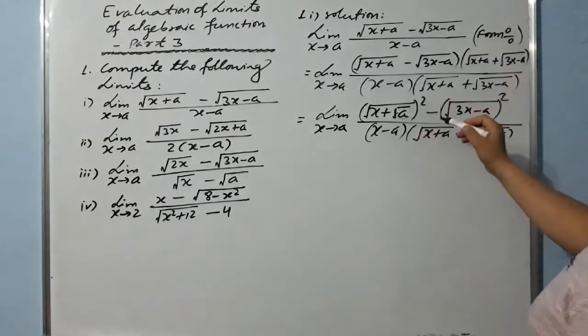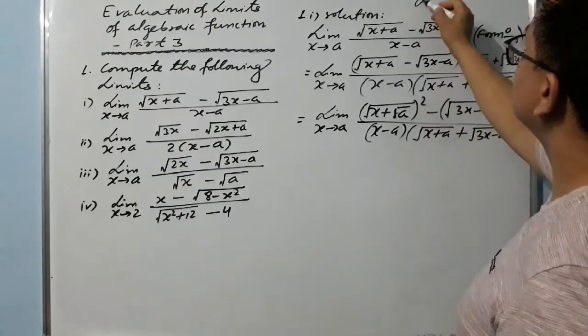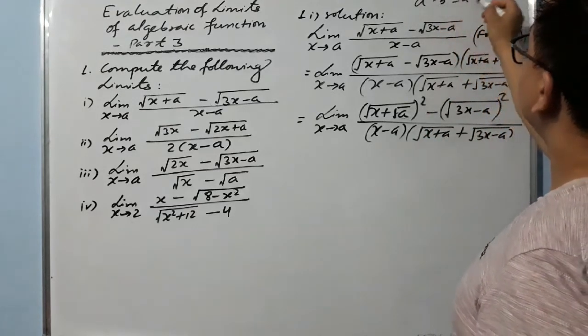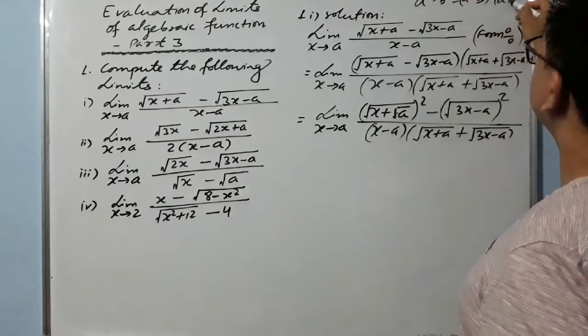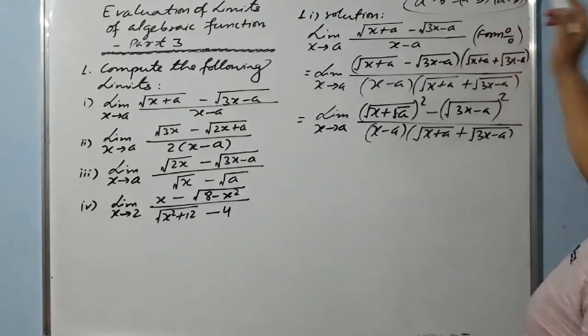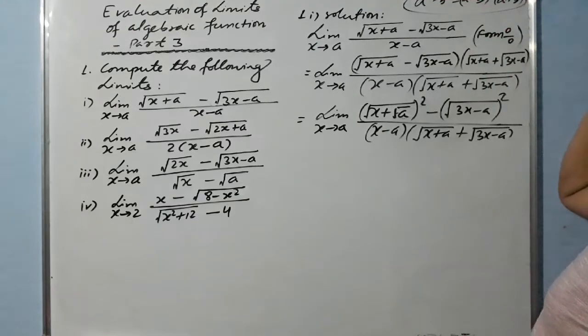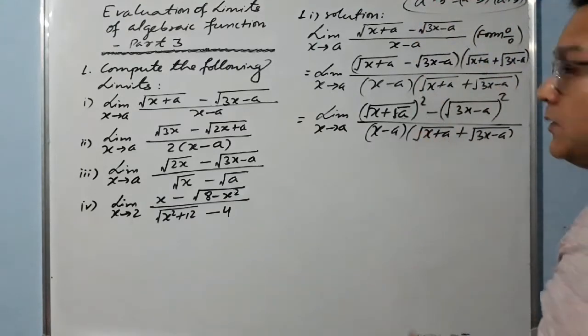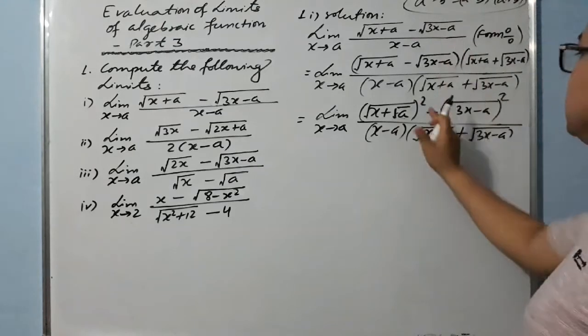Which formula have we used here? You can see a square minus b square equals a minus b into a plus b. Using this, we have a minus b into a plus b, we can write a square minus b square. The same thing I have written here also.